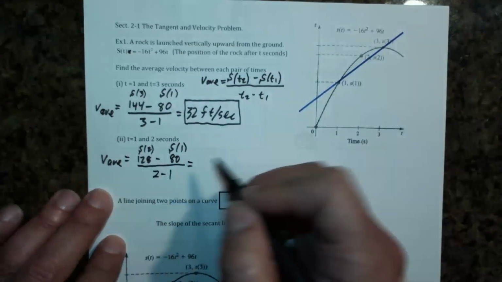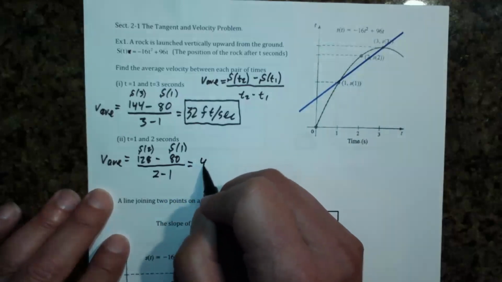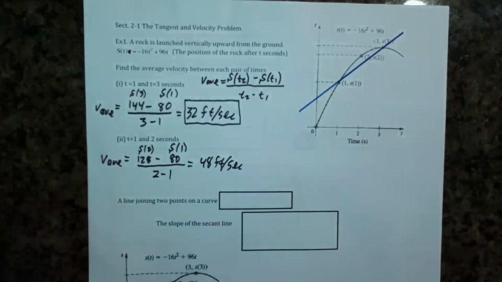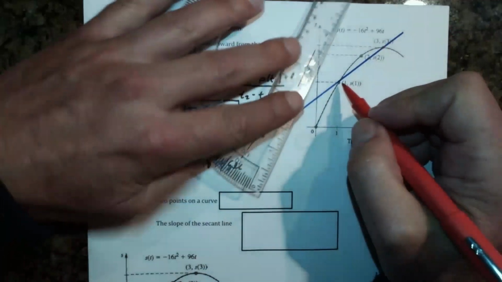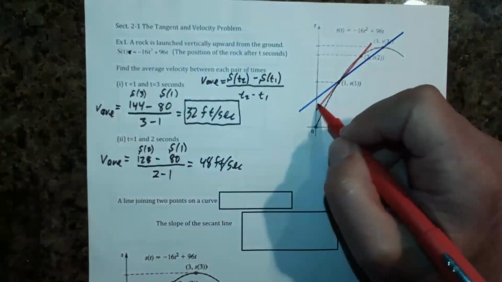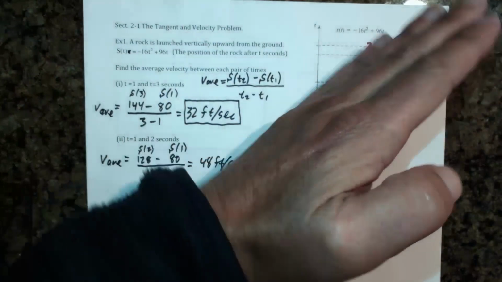And that, when we crunch all that together, ends up being 48 feet per second. And that is going to be this line here. And I want to point out, you can see that the slope of this line is changing, right? It started here and now it's a little bit steeper.